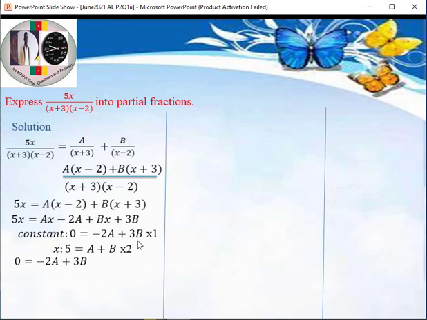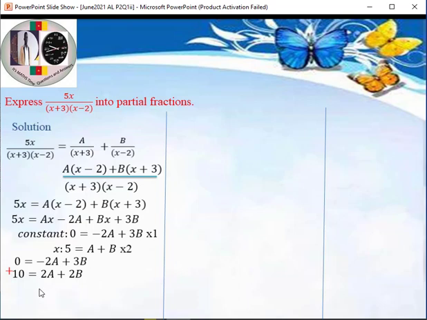But equation 2 is going to change: 2 times 5, which is 10, 2 times A, which is 2A, and 2 times B, which is 2B, to give us that. Now if we add equation 1 and equation 2, we are going to eliminate A.